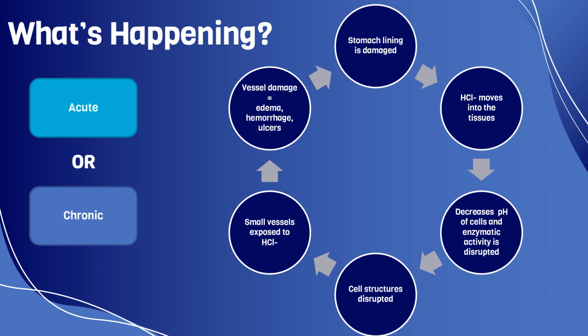And so inside the body during gastritis, whether it's acute or chronic, the stomach lining itself is damaged. And so hydrochloric acid, remember, it's highly acidic, so the pH is very, very low, and that moves into the tissue. So it falls down into those gastric pits that we saw, and it decreases the pH of the cells, and enzymatic activity, things that should normally be happening like pepsinogen, is disrupted.